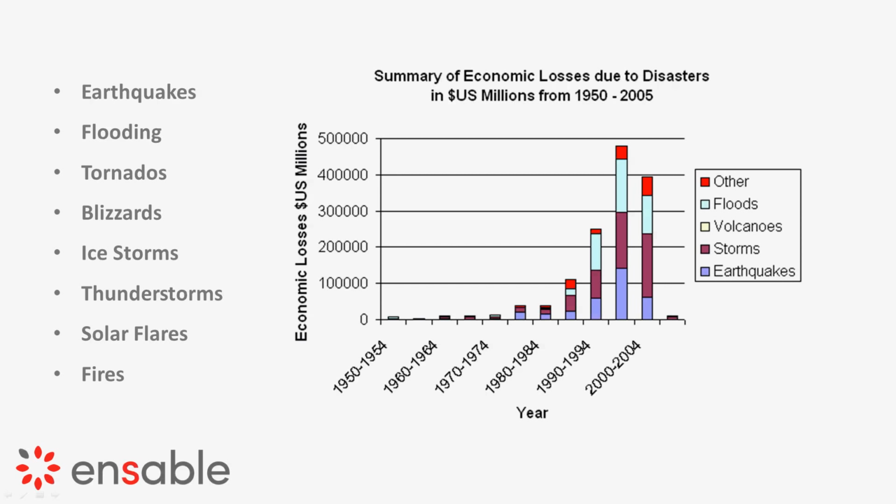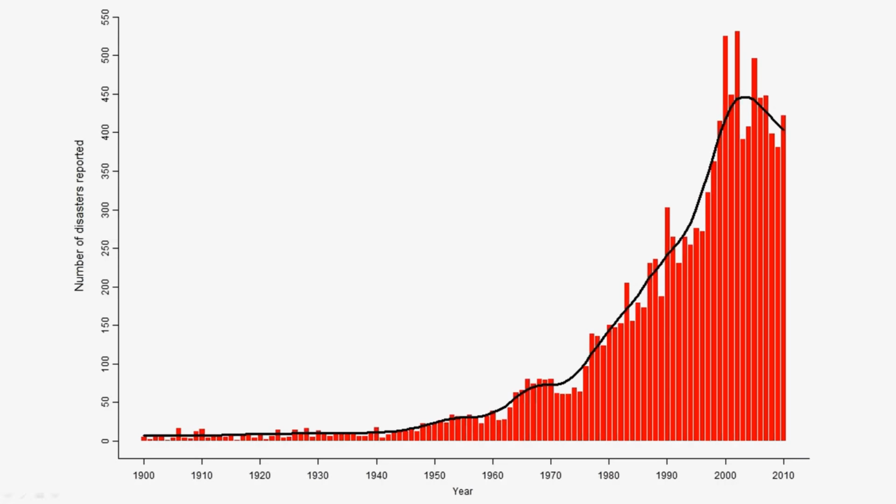Now, the frequency of these events and the cost from a macro level, if you're looking at the screen right now, you can see that over the past decade there's a sharp increase in terms of economic impact and costs associated with disasters. There's a huge spike within the past few decades. And the main reason behind this spike is the frequency of disasters is actually increasing significantly.